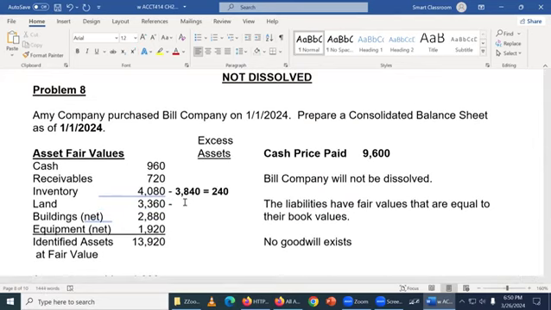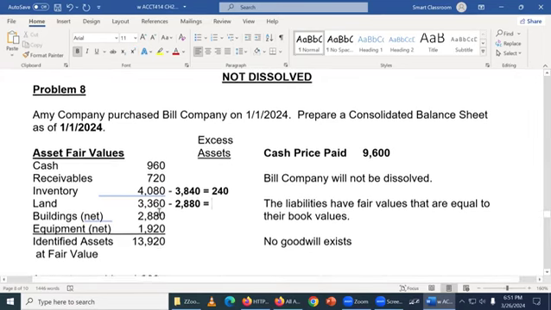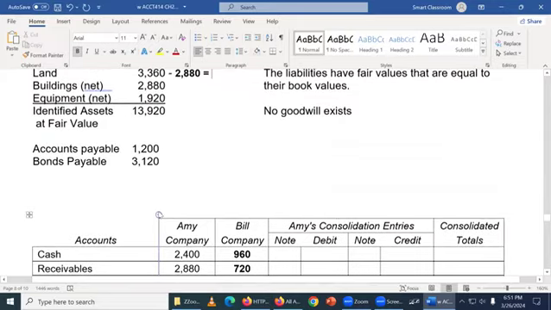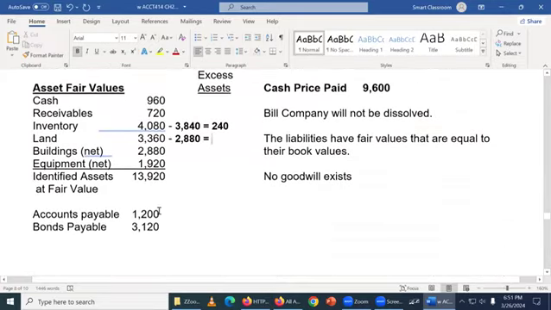How are you doing these so fast? What'd you come up with? 240. Did I get this right? Wait, 480. Land 2,880. Okay. I'm sorry, one more time, what'd you say it was? 480. 480, I'm sorry.